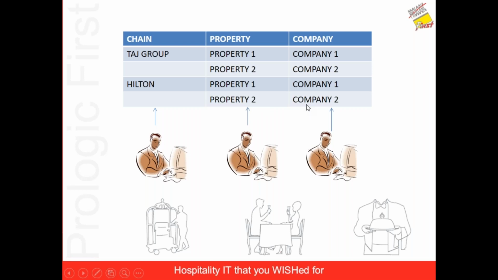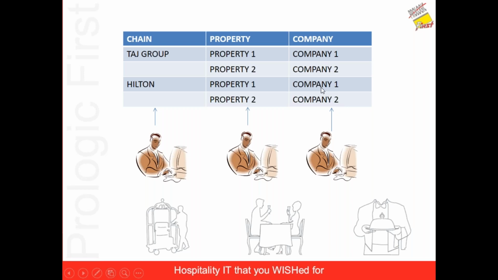If at any point the managing company wants consolidation, and we do a consolidation in Web Prol'IFIC for company 2, they will get the information for property 2 of Hilton and property 2 of Taj Group, which means two separate properties across two chains, for a single company.